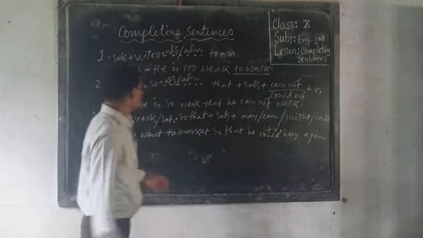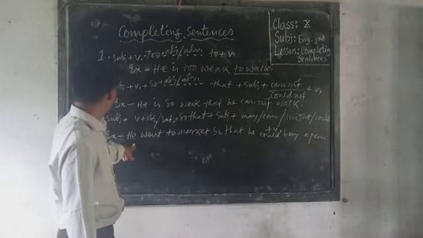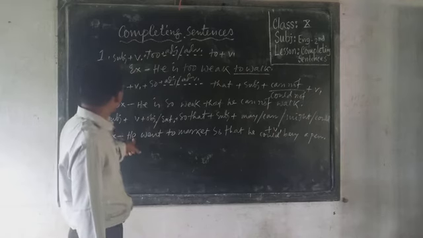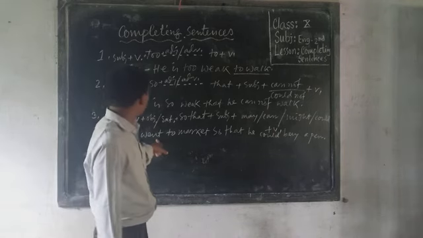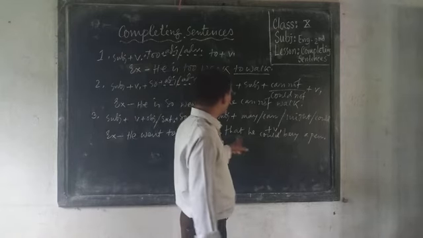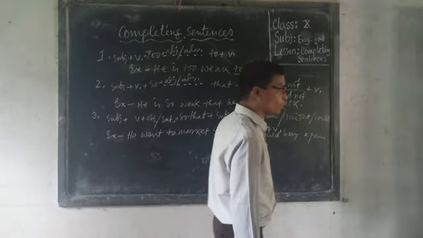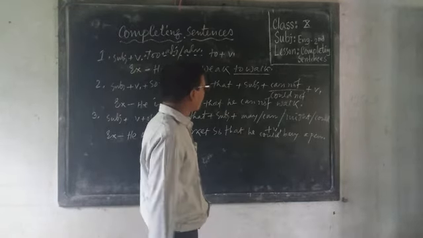So look dear students, here in the instance we have put there subject, verb, object or extension. This is extension. After "so that", after that verb "could". So why we have taken here "could"?